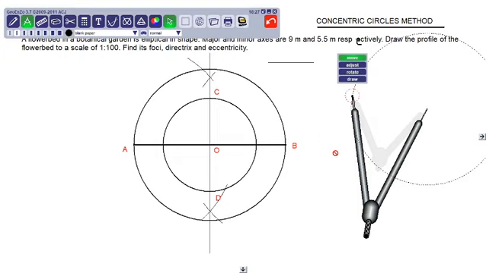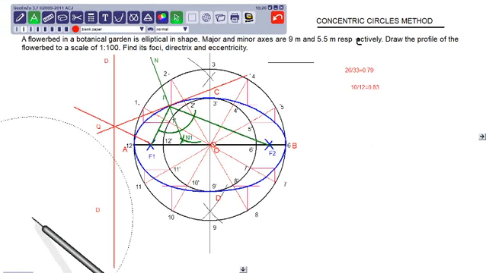Do you remember or have you gone through the videos how to divide the circle into n number of equal parts? Taking O as the center, CO as the radius or CD as the diameter, I have drawn a circle. Again O as the center, OA or OB as the radius, I have drawn another circle. So a small circle I got and I got a bigger circle. Bigger circle is for major axis, smaller circle is for minor axis.